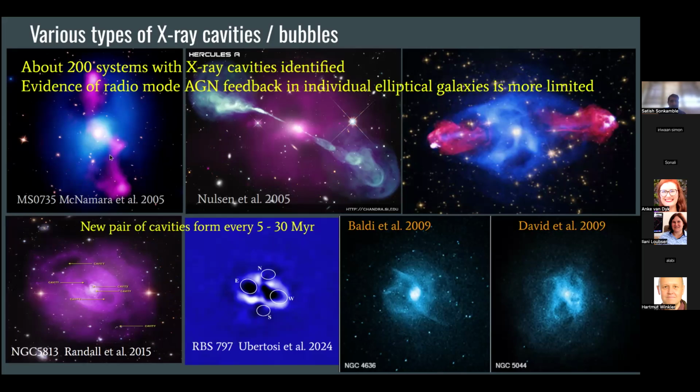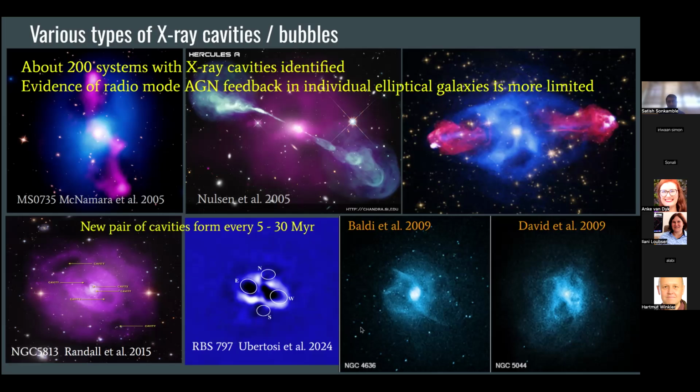One is MS 0735, then Hercules, Cygnus, and some groups like NGC 5813. In NGC 5813, we see multiple pairs of cavities: an inner pair, a middle pair, and an outer pair, in a collinear form.